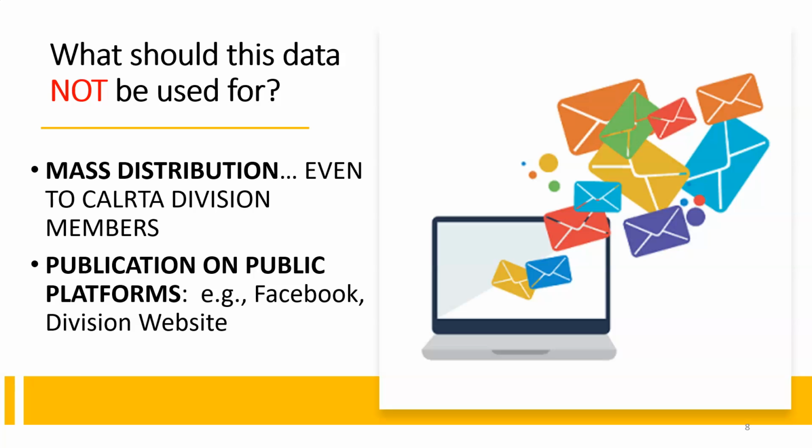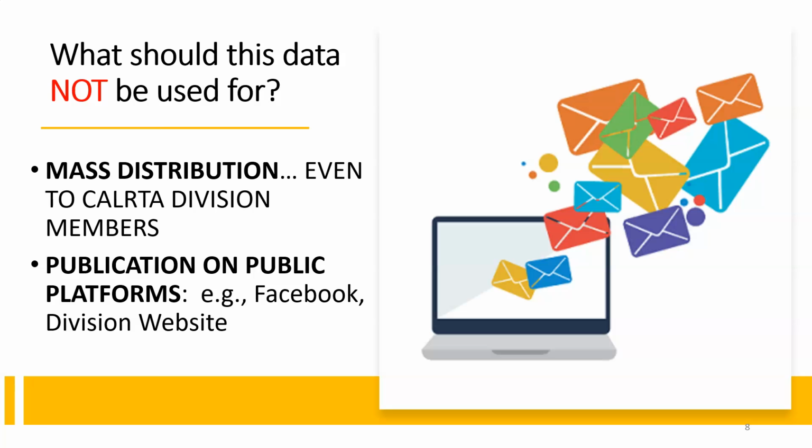Now remember, as mentioned in the previous slide, access to the complete file should be extremely limited. And this may seem obvious, but it is also not to be shared on any public platform, including Facebook, Instagram, or even your division website. These are public domains and not secure.